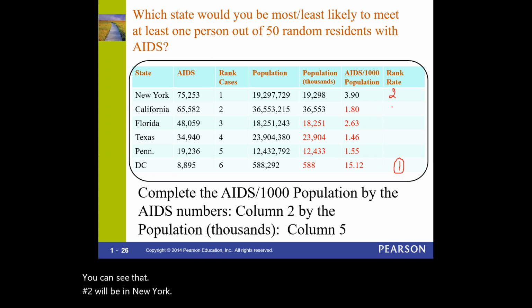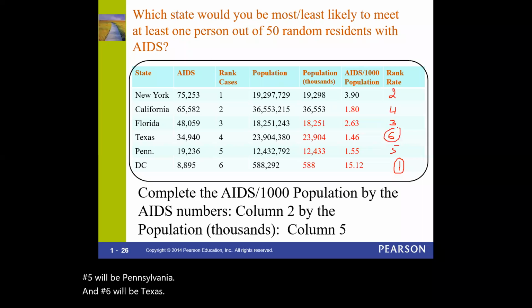Number three will be Florida because they come after. Number four will be California. Number five will be Pennsylvania. And number six will be Texas.